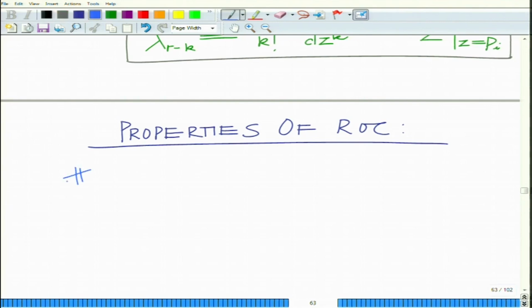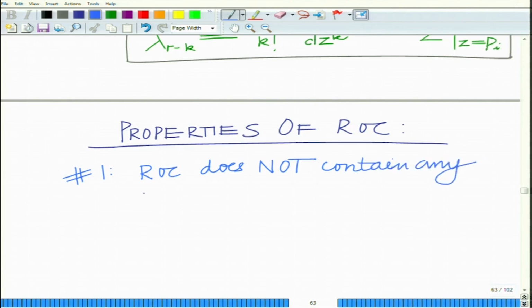Number 1, ROC does not contain any pole.